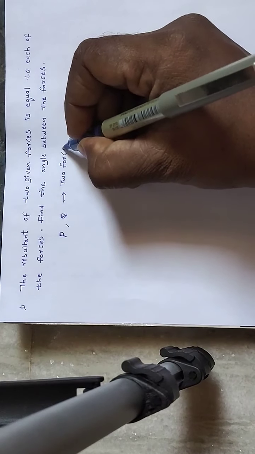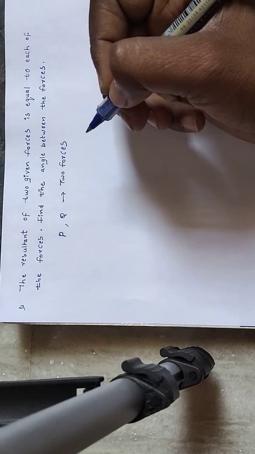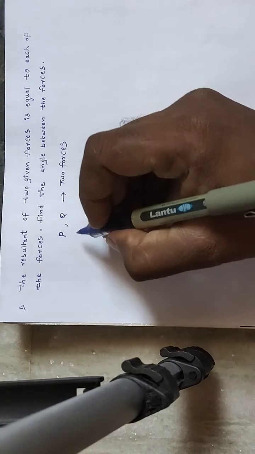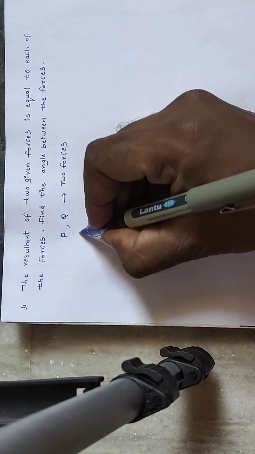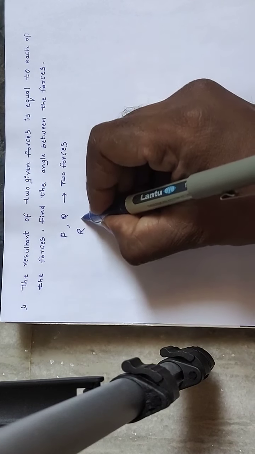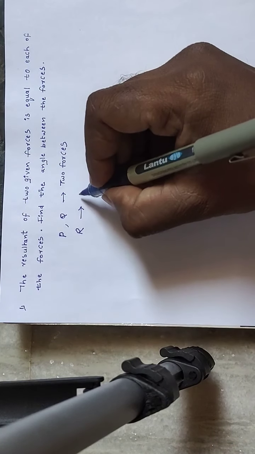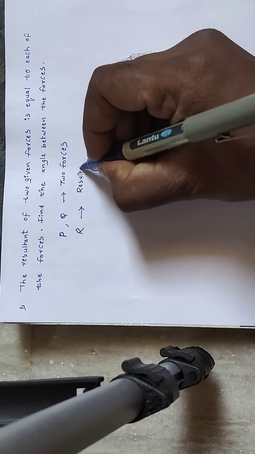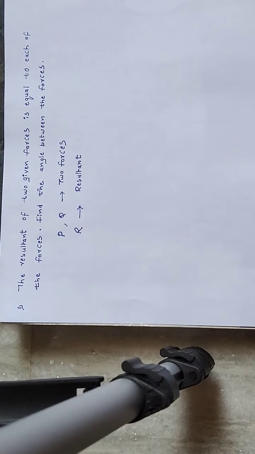Here we are assuming two forces P and Q, and coming to the resultant, here we are assuming the resultant of those two forces as R. So P and Q are the two given forces, and R is the resultant of the two given forces.